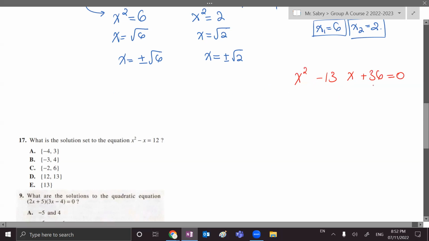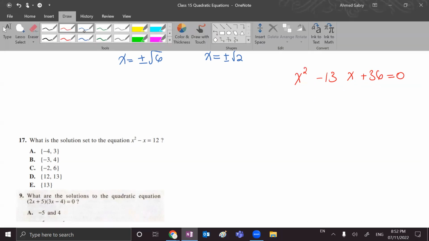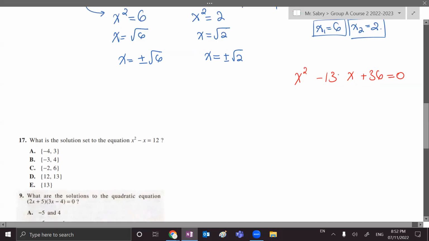X squared minus 13x plus 36. This is a normal quadratic equation, right? Just like the one that follows ax squared plus bx plus c, correct? Now imagine if I took this one and put a power of 2 here, and put a power of 2 there as well. The new one would become x power 4 minus 13x power 2 plus 36. Is that right? If I did for the first one power 2, for the second one power 2?